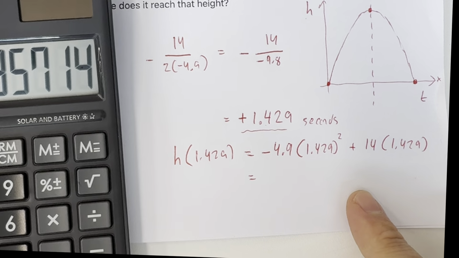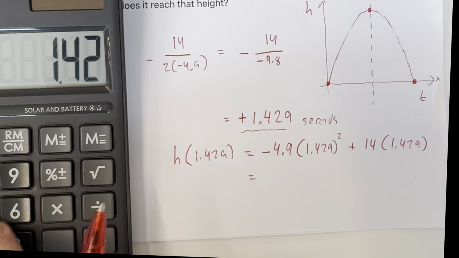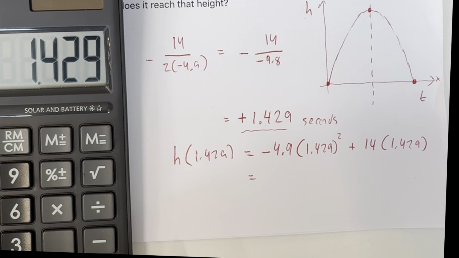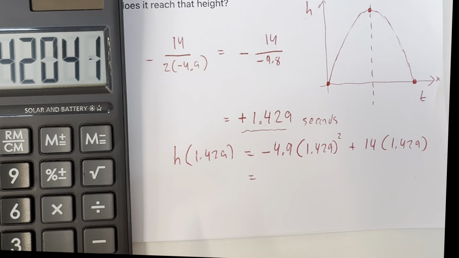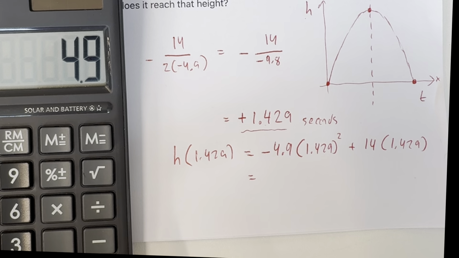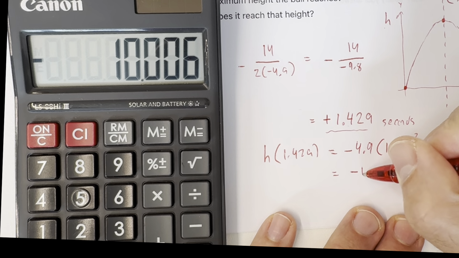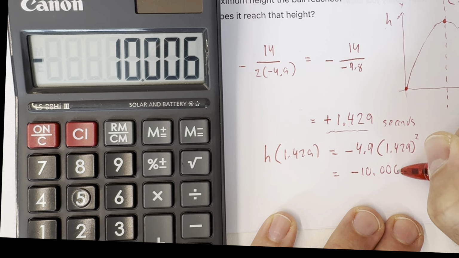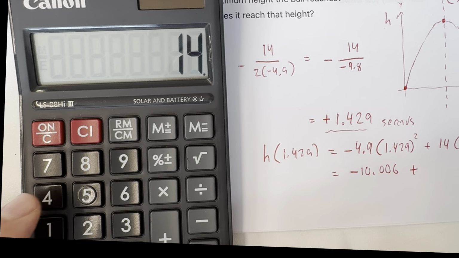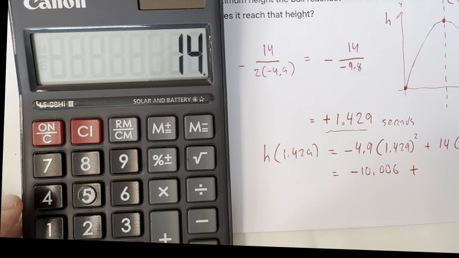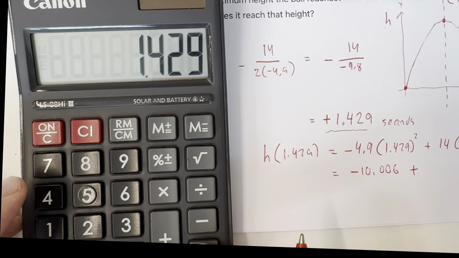I'll use my calculator once again. 1.429 times 1.429 times 4.9, and that's a negative. We're going to have negative 10.006 plus, okay, now let's do this one. 14 times 1.429.